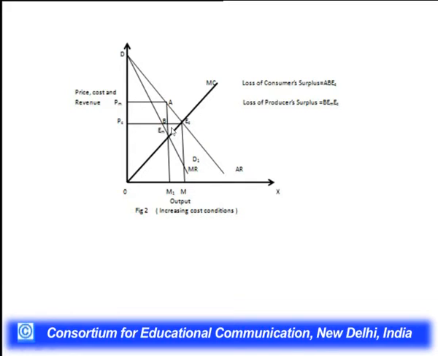This small triangle is the loss in producer's surplus due to the monopoly and due to the rising cost of production. So, what you see here is that the total net loss is the triangle ABEC plus BEMEC. So, this is the social cost of monopoly under increasing cost conditions because of the increased price and reduction in output.